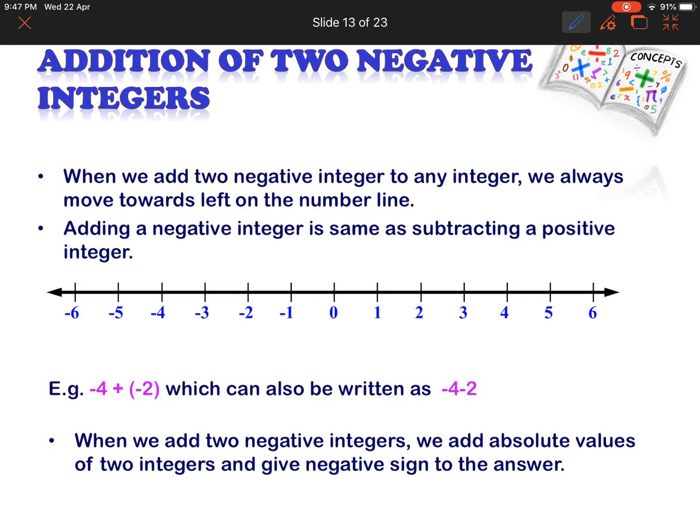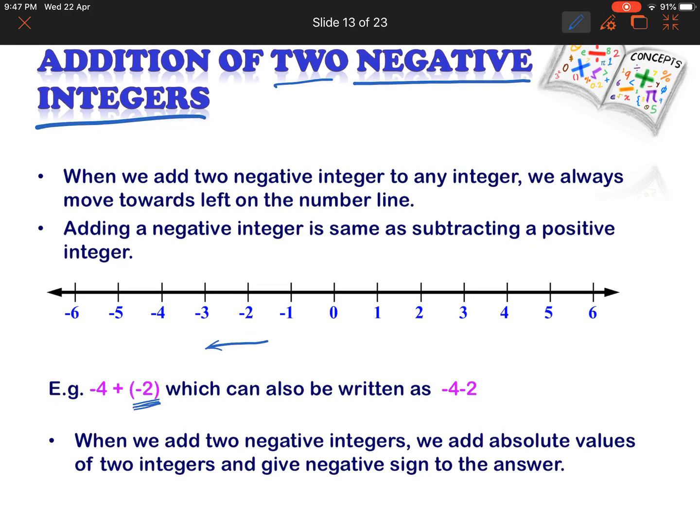The next case we are going to learn is addition of two negative integers. Now this is a new concept. You knew about addition of positive integers, but addition of two negative integers, this is a new concept. So focus. Whenever we add a negative integer to any other integer, we always move towards the left on the number line.